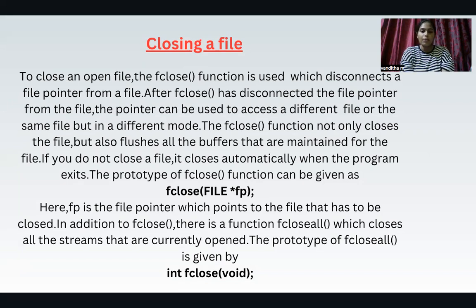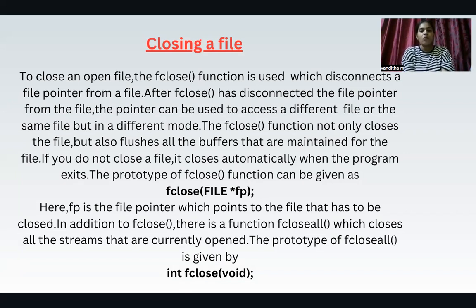The prototype of fclose function can be given below. fclose(FILE *fp); Here, fp denotes the file pointer which points to a file that has to be closed. In addition to fclose, there is a function called fcloseall, which closes all the streams that are currently opened.